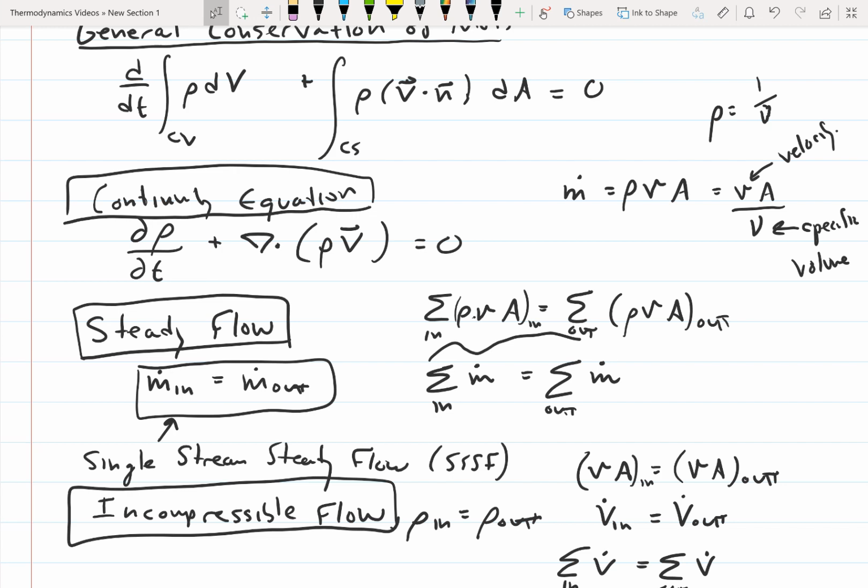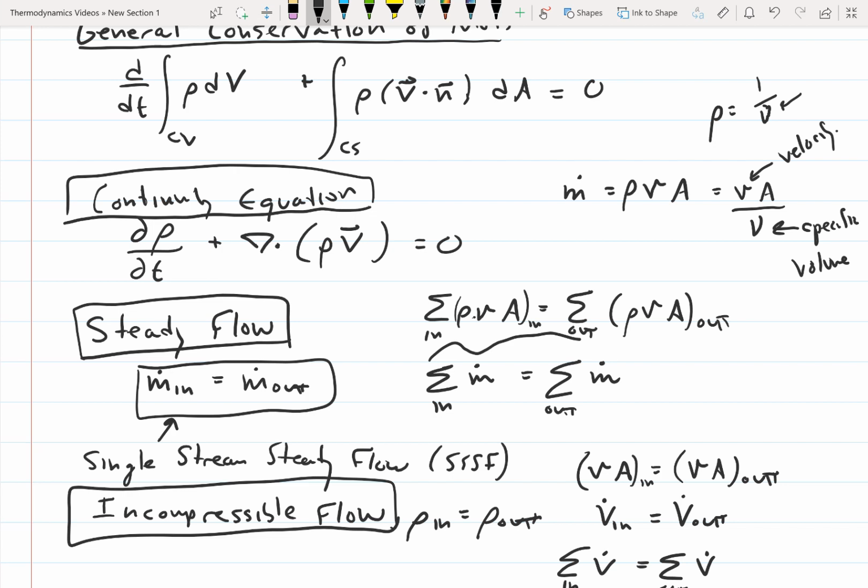For instance, we could calculate the specific volume of either the mass flow in or mass flow out, or we could calculate the area of one of our inlets or outlets, or we could calculate the density. So we can get a lot of information from doing a mass balance, and we might need some of that information for the energy balance when we apply the first law to open system problems. So I hope this video was helpful.